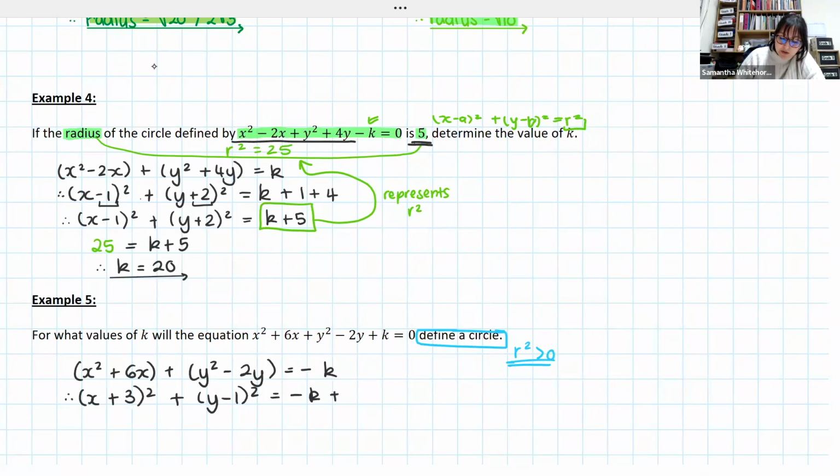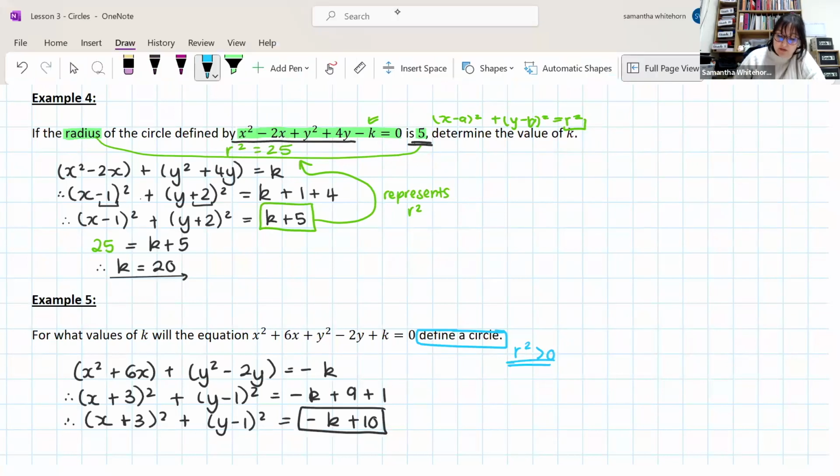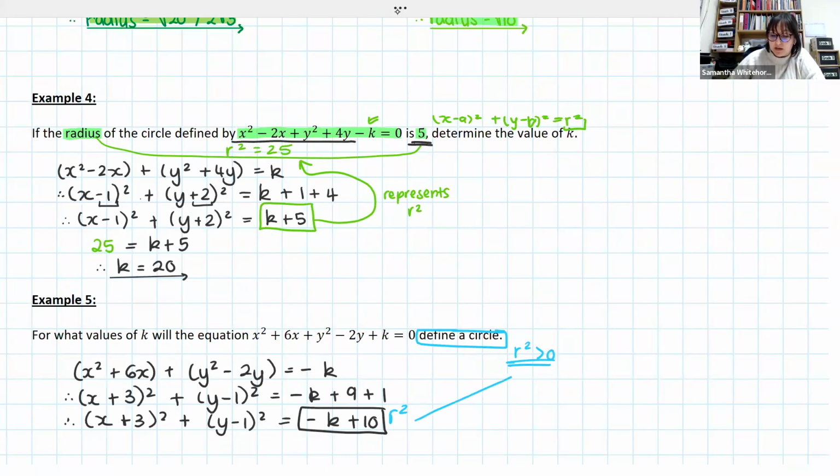I'm adding 3 squared, so 9, and I'm adding negative 1 squared, plus 1. So I have the equation of my circle in terms of k. Technically, I know where the center is, and I know the expression that represents my radius, -k + 10. Now remember, this is r². That's what the right-hand side represents.